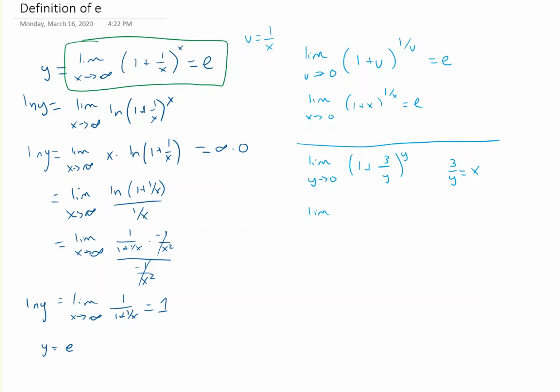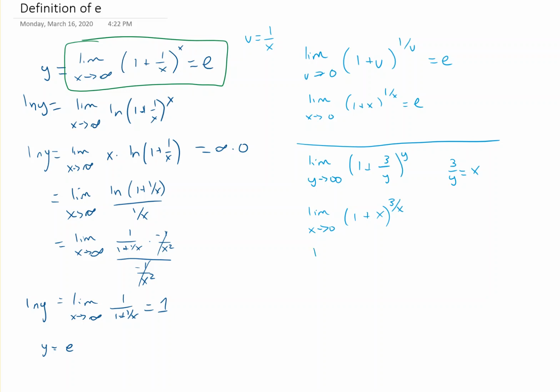This was meant to go to infinity, folks. Sorry about that. Okay, so now we're going to have x going to 0, 1 plus x. I think that's right. Looks right to me.